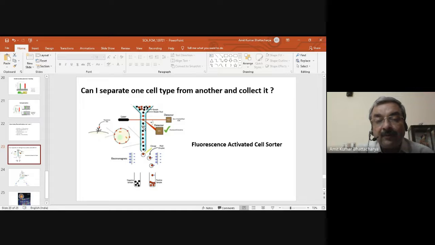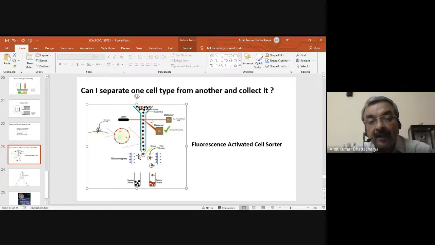So let's say you have a population of two kinds of cells, one labeled with a green dye and the other with a red dye. Cells only having the green dye are given a charge, and after they exit this nozzle that you see here, because of the charge, there are two different charged plates that you see here.